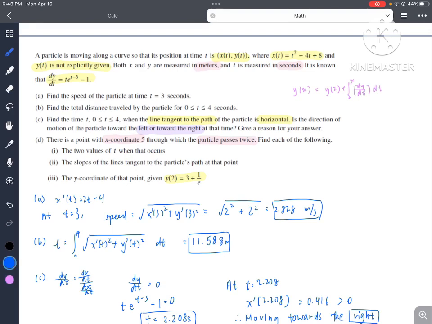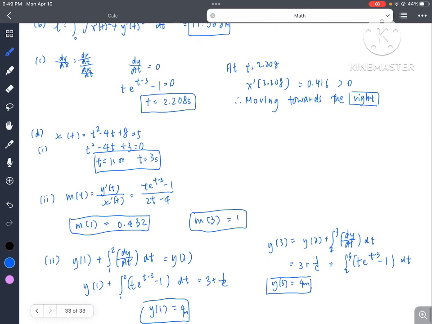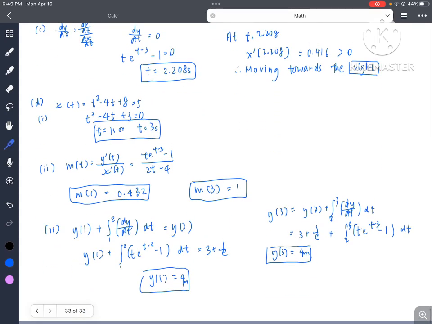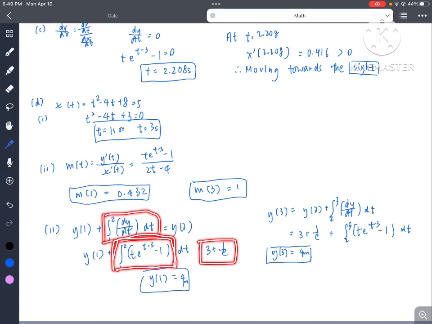This is like a net change formula. So we just put the values in. Since 1 is smaller than 2, if it makes more sense to write it this way, we can just put the integrand this way. So this is the accumulation of change. This is the final position, and this is the initial position. We plug in the values and solve.